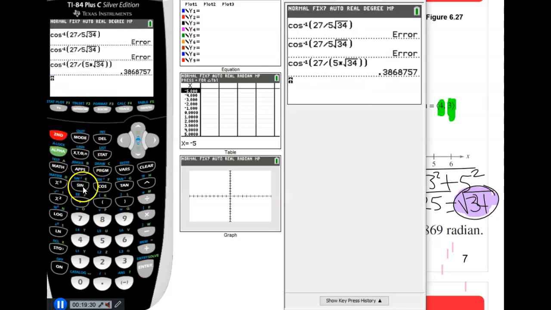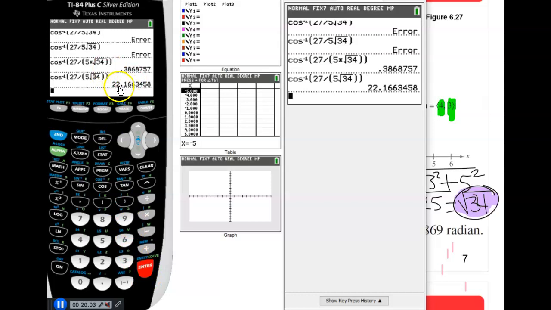So I'm going to enter it again, and I'm going to enter 27 for the numerator. First of all, cosine inverse, then divide, and then in parentheses, just to make sure that my denominator is together, and I'm going to skip the multiplication sign, see if it still works. So close parentheses to close the denominator, then close again to close the first parentheses right after cosine inverse. And we press enter, and that is in degrees, so it does work.